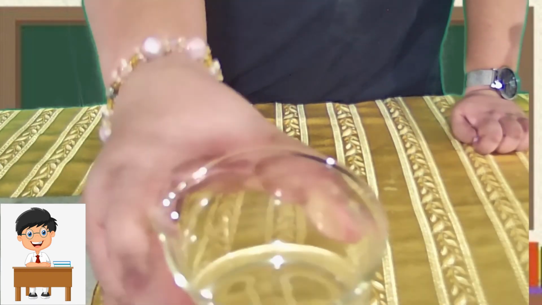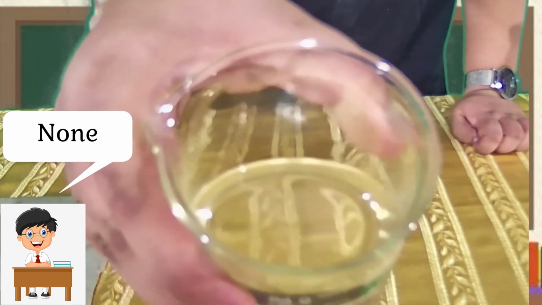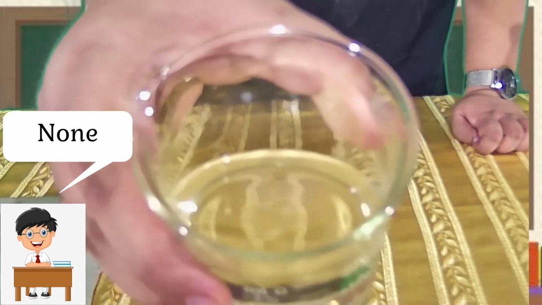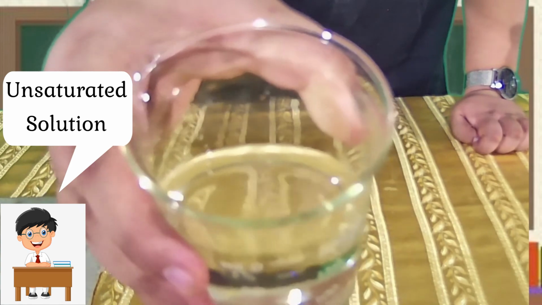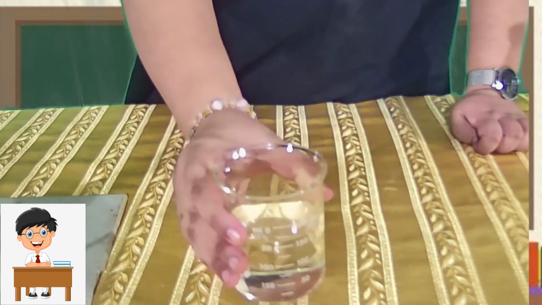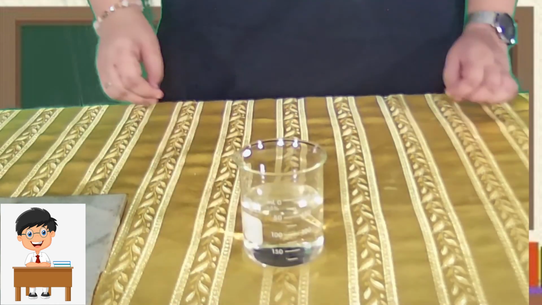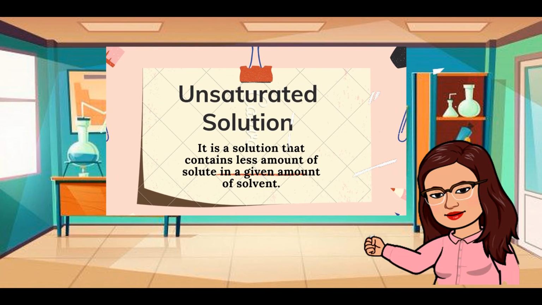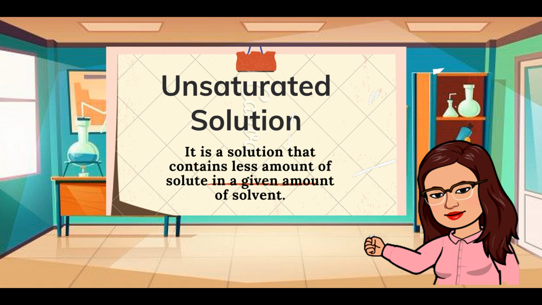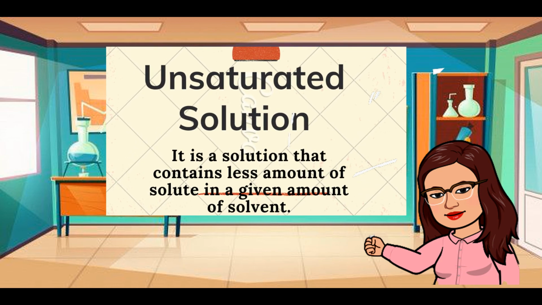Do you still see undissolved sugar particles? What do you think is the type of solution that we have made? Correct. We have prepared an unsaturated solution. Unsaturated solution is a solution that contains less amount of solute in a given amount of solvent.